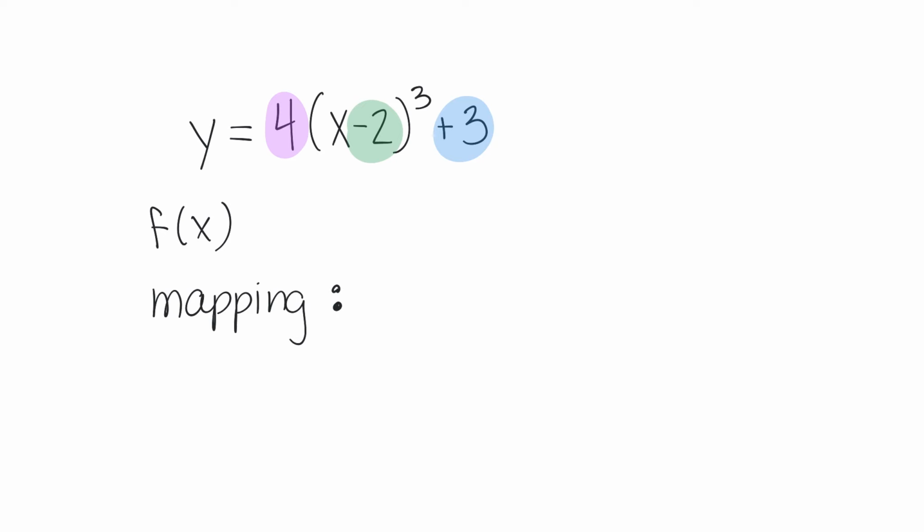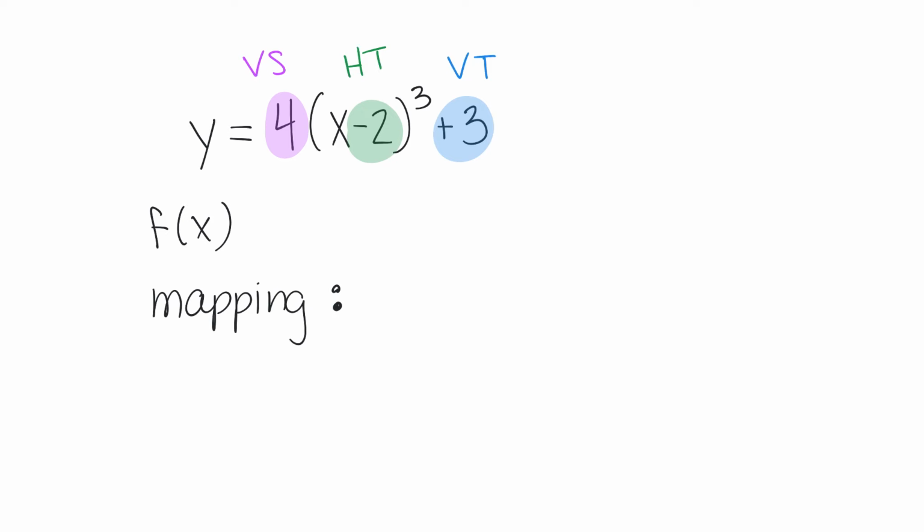So my 4 is outside the brackets, so this is a vertical stretch. My negative 2 is inside the brackets, so it's horizontal, and it's a translation because it's moving left or right. And this plus 3 is outside, so it's vertical. It's moving it up, so this is a translation.